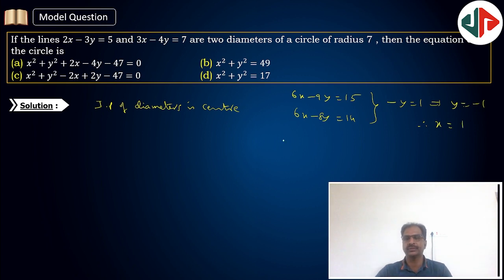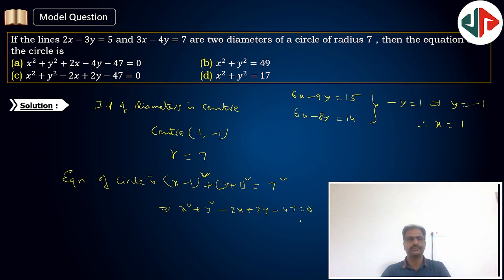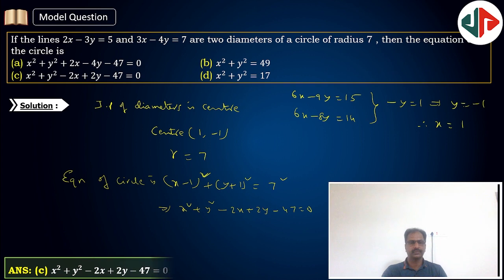So 1 comma minus 1 is the center. Radius is already given as 7. Therefore, equation of circle is x minus h whole square plus y minus k whole square is equal to r square. If you expand this, you will get x square plus y square minus 2x plus 2y minus 47 is equal to 0. Option C.